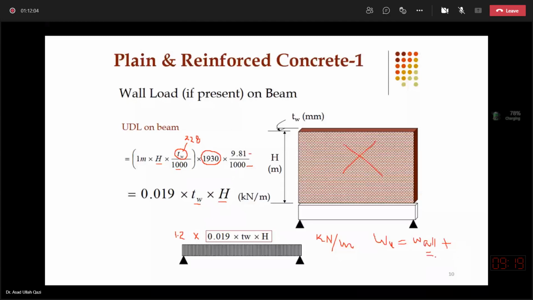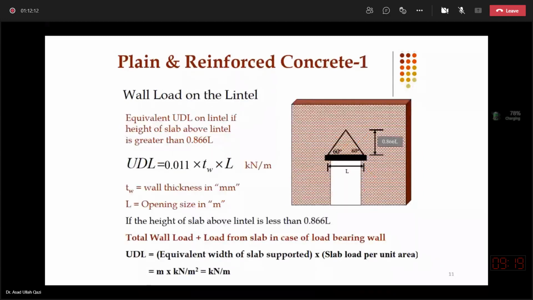Furthermore, in some cases we have openings, and above openings we have masonry courses, and then finally the roof slab is present.